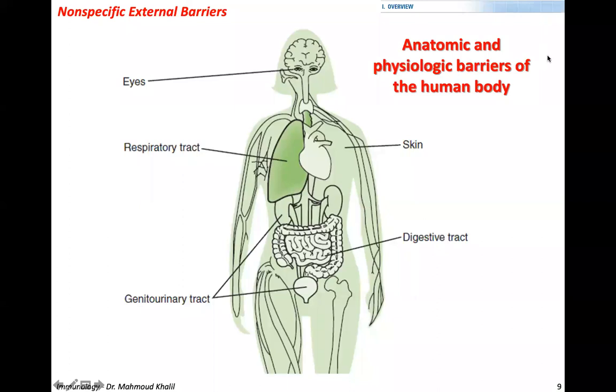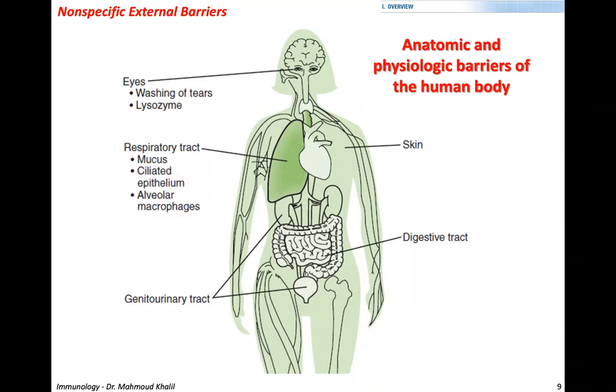So let's see, what are the anatomic and physiological barriers of our human body? Starting with the eye, you will see that the eye, of course, has tears, and these tears, besides washing out any microbes inside your eye, have lysozyme as well, and lysozyme is important for lysing a lot of bacterial walls.